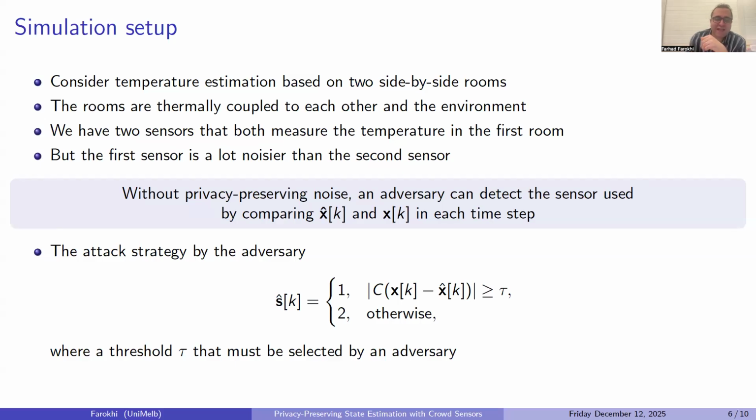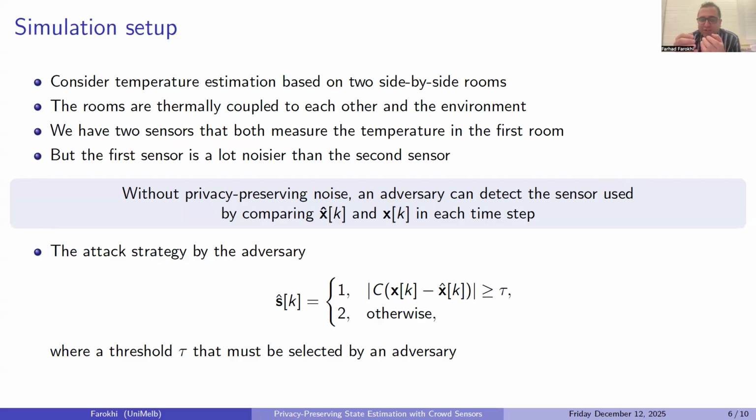So we use this attack strategy by the adversary: if the measurements that they received from the sensor and the measurements that come from the state estimate differ from each other, using this equation shown below, by a threshold tau, then the noisy sensor was used. Otherwise, the less noisy sensor was used.